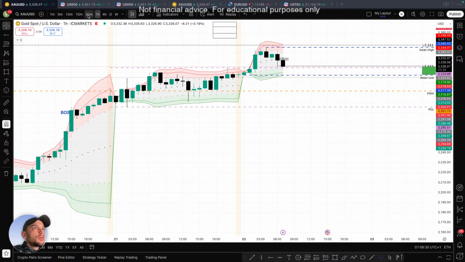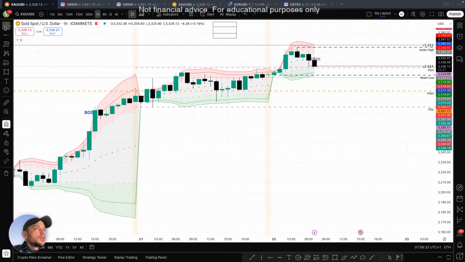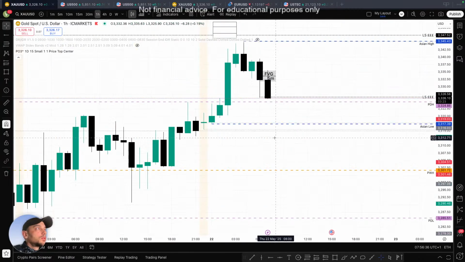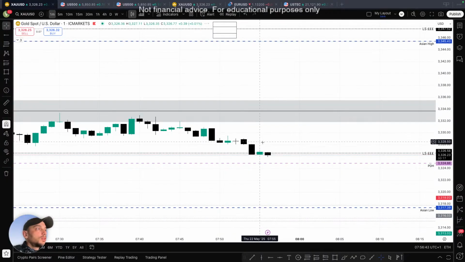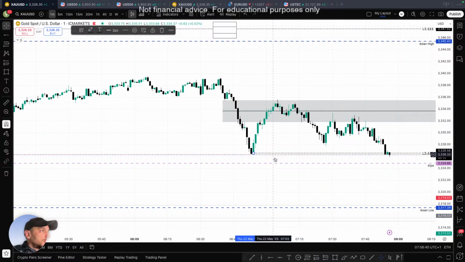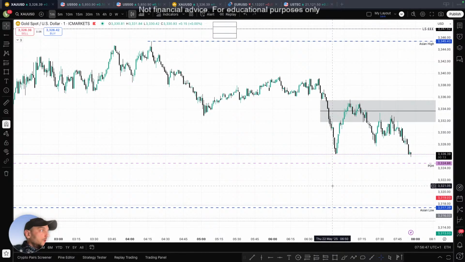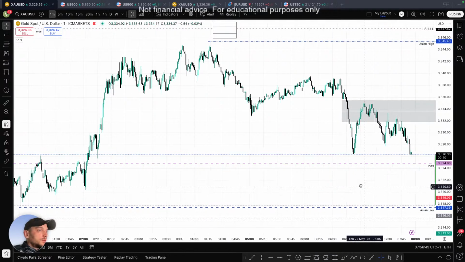It's a tough 1 hour push for gold. Let me turn off the VWAP. Yeah, gold took this liquidity we were talking about. We'll see how it's gonna react from here.